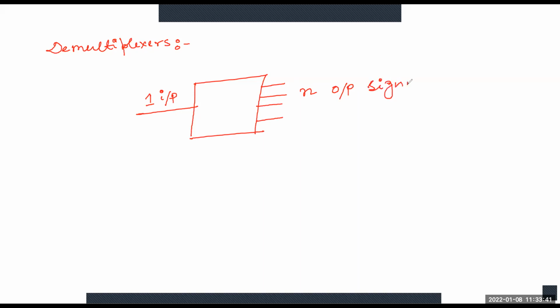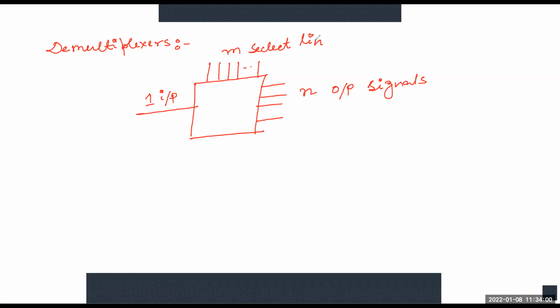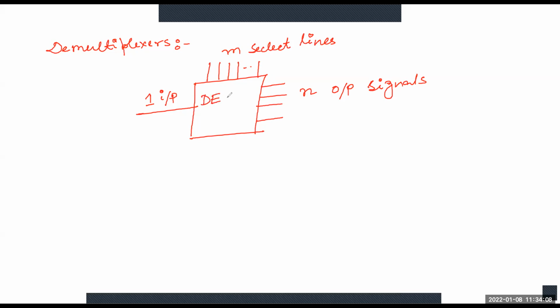So if I draw here the block diagram of the demultiplexer, this is one input, and here n number of output signals, and here also the m select lines. So this is the demux.